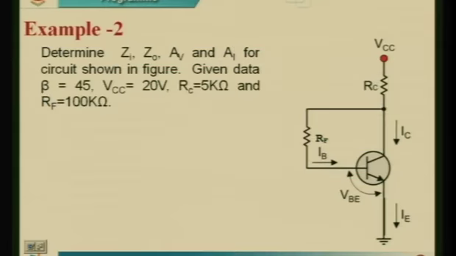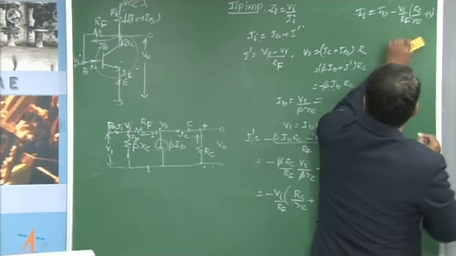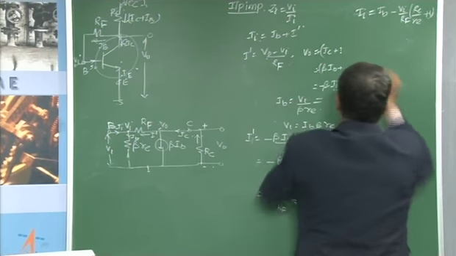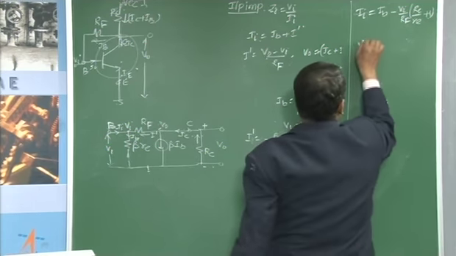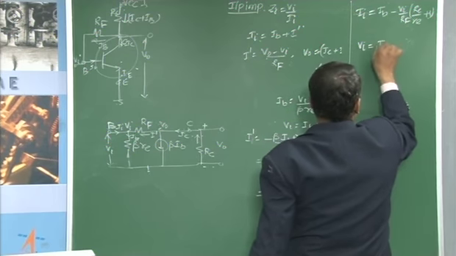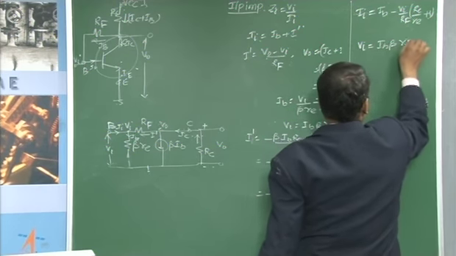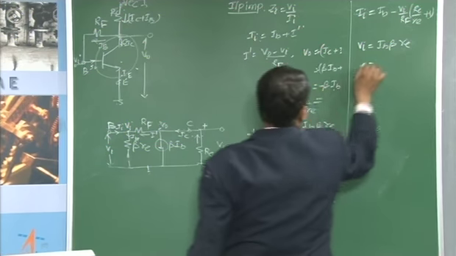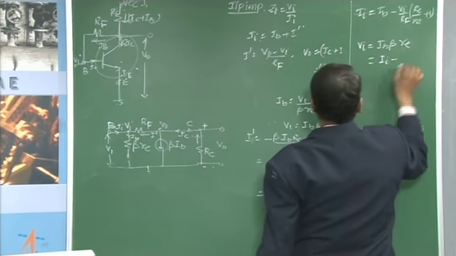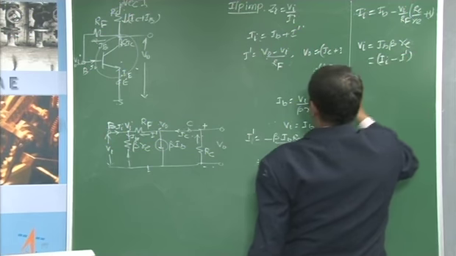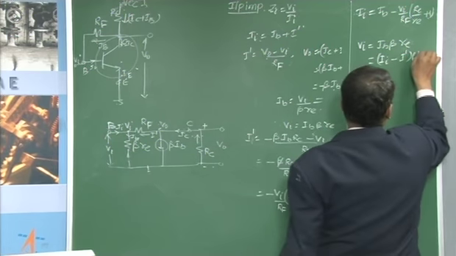Then Vi is equal to Ib times beta Re, where Ib from this equation is Ii minus I dash, into beta Re.